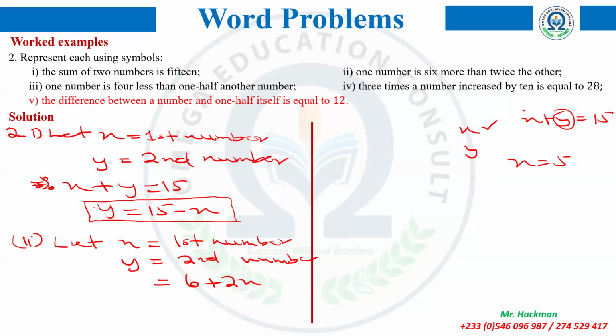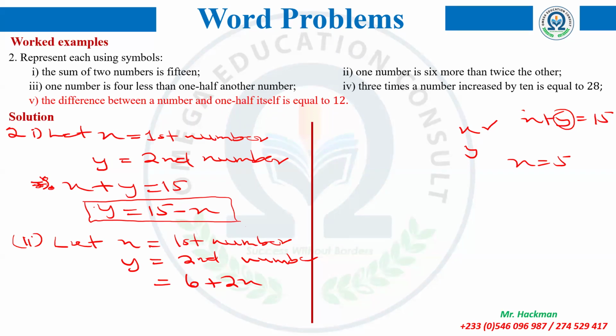Sir, I was asking, so you're saying it can also be x equals 6 plus 2y? Okay, if you write x is equal to 6 plus 2y, there is nothing wrong with that. It's the same, only that you are taking your first unknown to be y. So in that case, x will be expressed in terms of y.